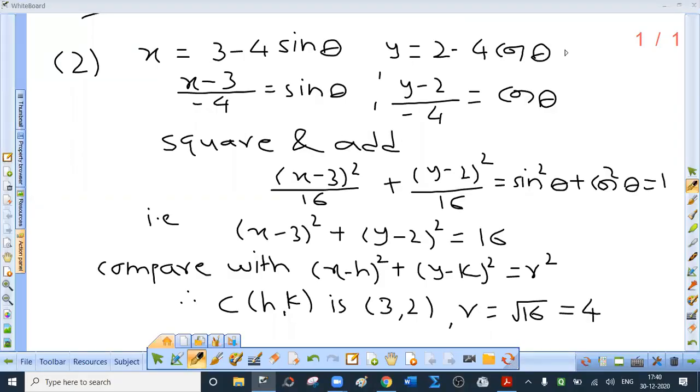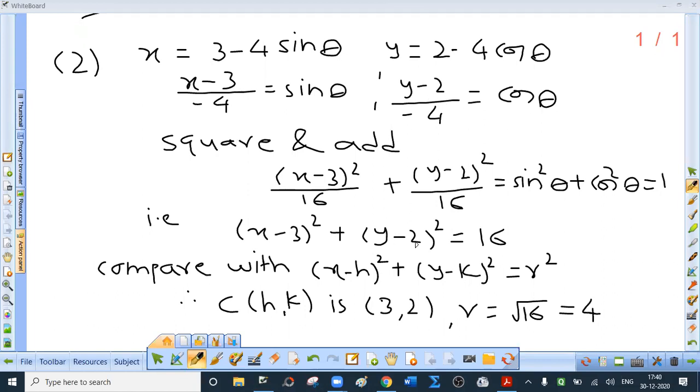Second one, find the center and radius of the circle x equal to 3 minus 4 sine, y equal to 2 minus 4 cos. Now to get the equation, basically this represents locus, which is a circle. We are given that, but I will eliminate the parameter. Okay, so rearrange the terms. X minus 3 by minus 4 is sine theta, y minus 2 by minus 4 is cos theta.